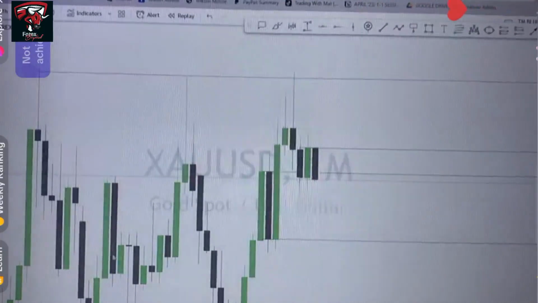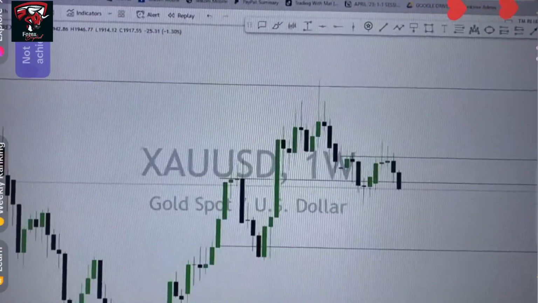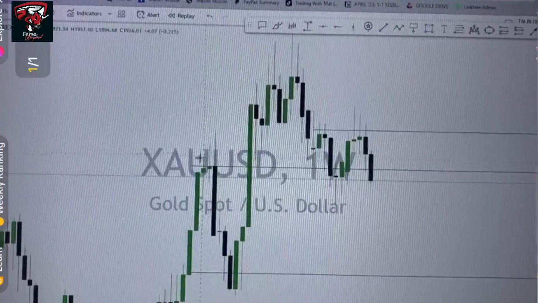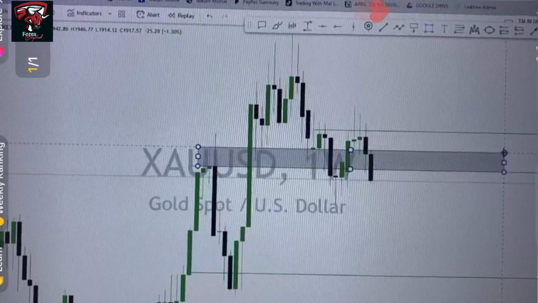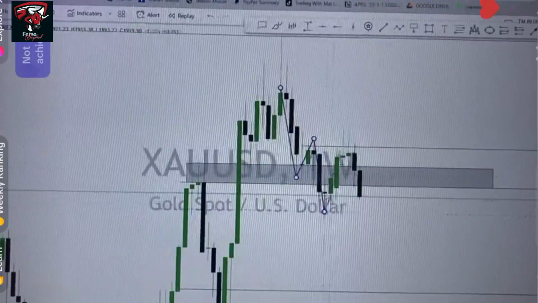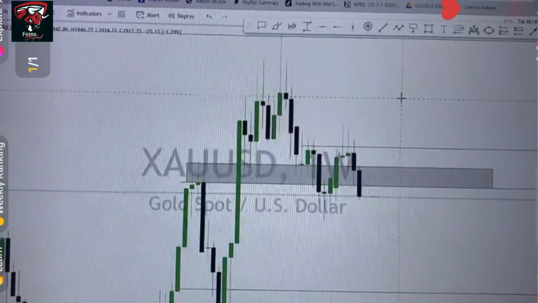Monthly time frame, weekly time frame. I would love for this setup to just flip bullish and become an inverse head and shoulders and violate everything and go straight to the moon.